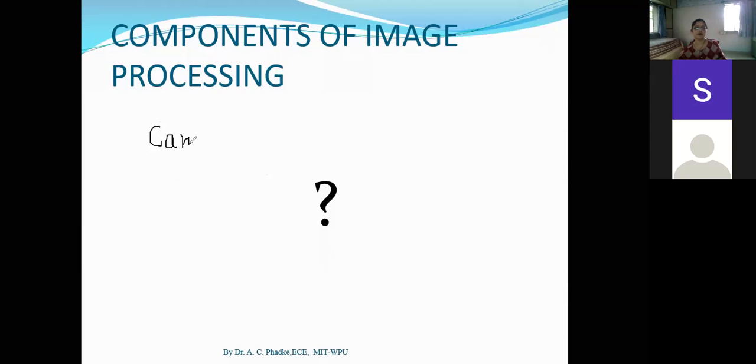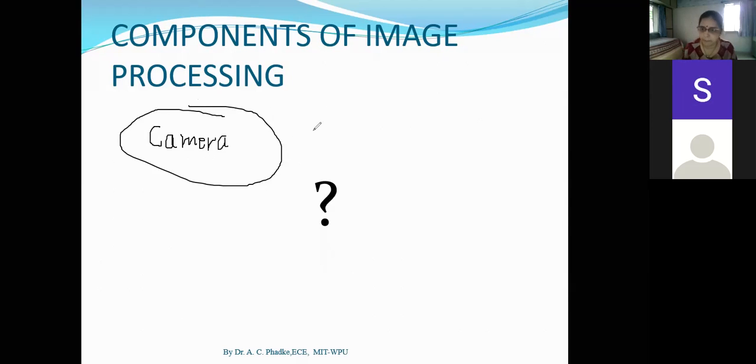So for any image processing application, you need a camera or digital camera, or in a broader sense, we can call this an image acquisition system, right? So the very first component that you need in any image processing application is the image acquisition system. Okay, so this is a very correct answer.